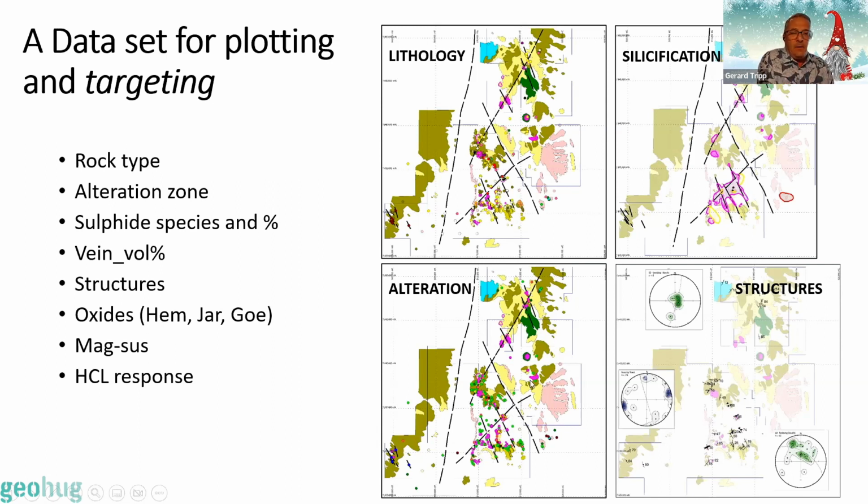So now I can take my little data set and plot up, I'm just going to move this for a sec, and plot up, whoops, an area like this. Now I can say to the client, look, this is the place where there's this really, really extensive lithocap developed from our little dots here, and that's going to give us a better idea of targeting and where we want to go for our exploration drill.